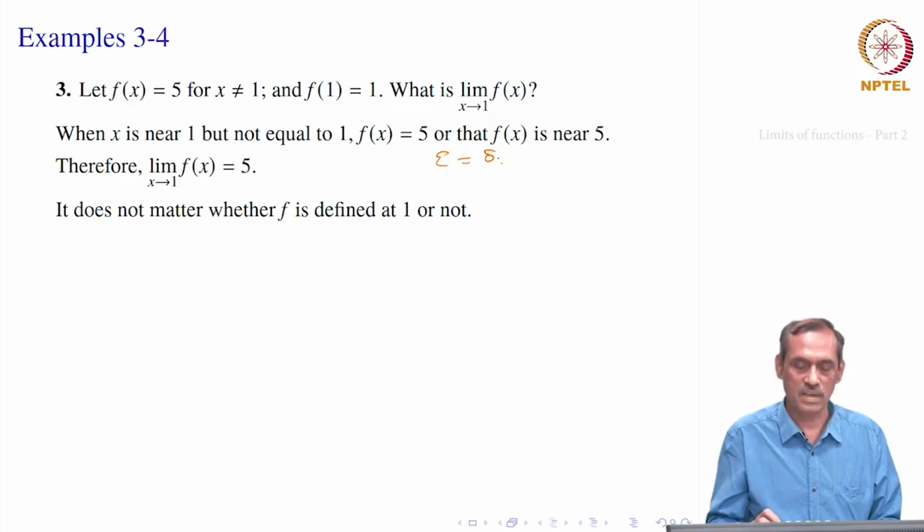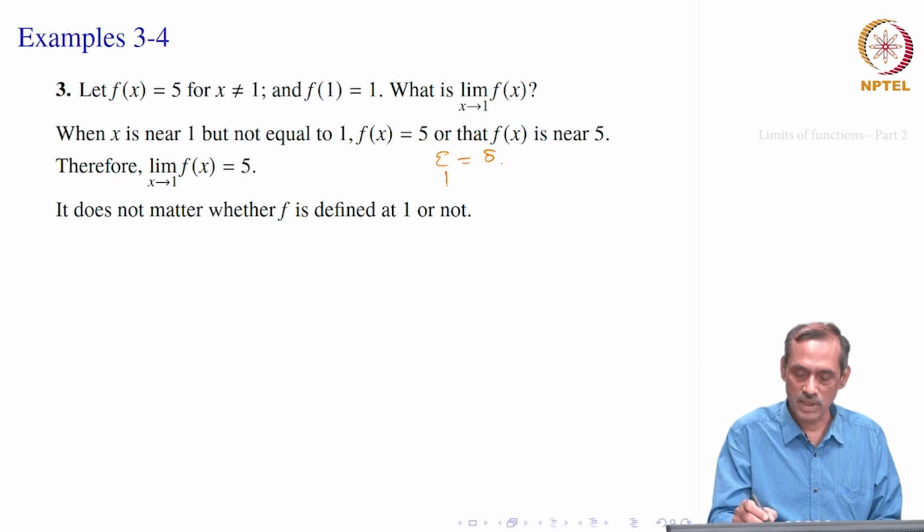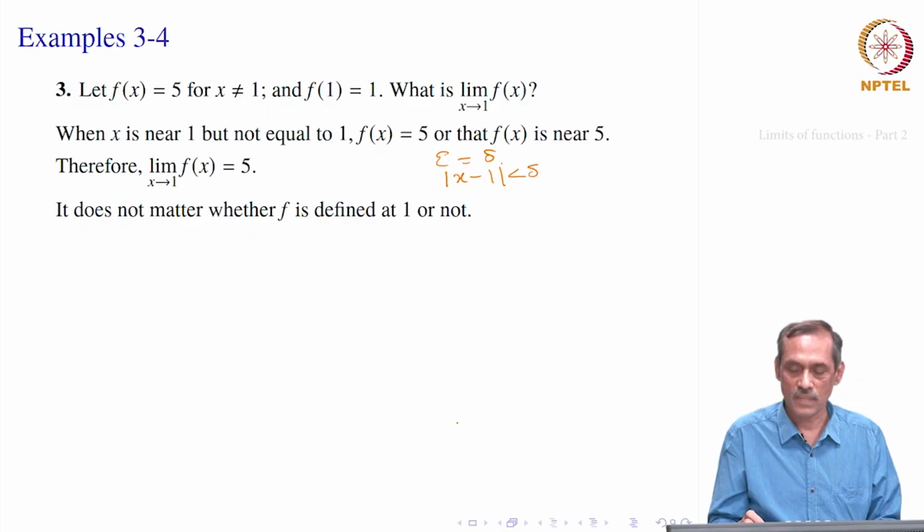Now, suppose epsilon greater than 0 is given. Now, choosing epsilon and choosing delta equal to epsilon, the other way around. Suppose we take mod x minus 1 less than delta. So, now when you take the f of x, it will be 5 anyway. So, mod f of x minus 5 equals 0, because f x equals 5 and x is not equal to 1 here.